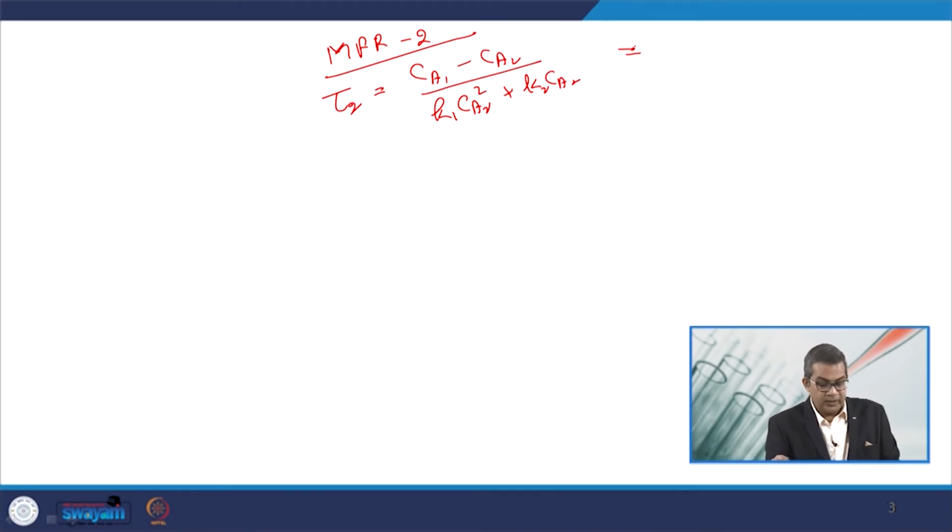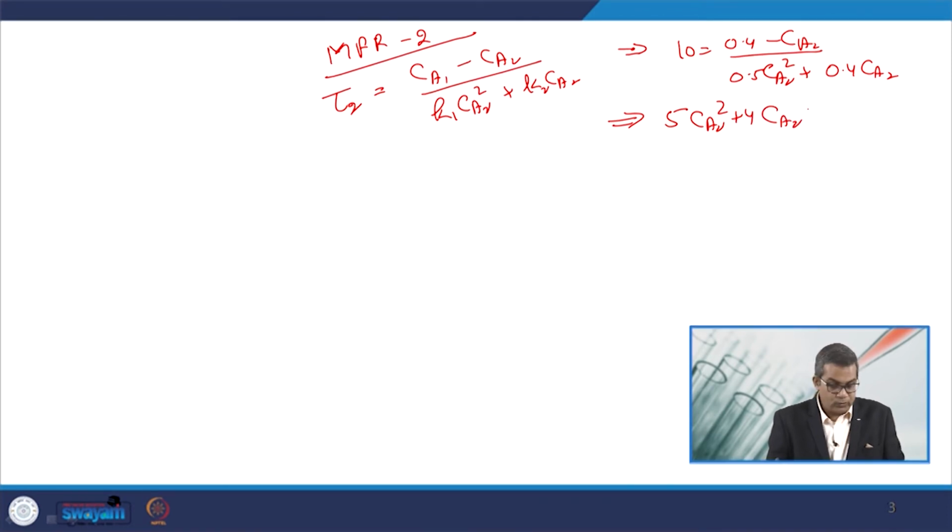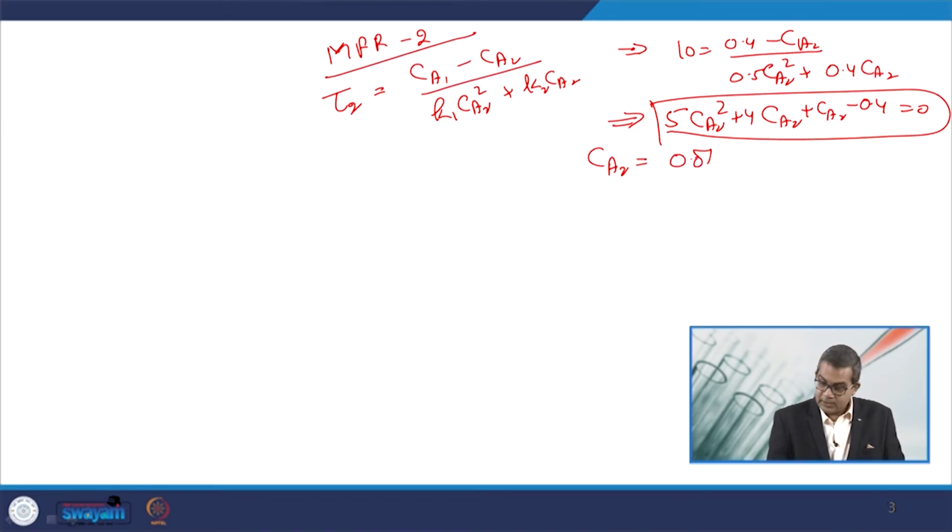Let us put in all the values: 10 is equal to 0.4 minus Ca2 upon 0.5 Ca2 squared plus 0.4 Ca2. If we substitute all the values and rearrange, it comes out to be 5 Ca2 squared plus 4 Ca2 plus Ca2 minus 0.4 equal to 0. If we solve this equation, we have Ca2 equal to 0.0745, and that is my first answer.